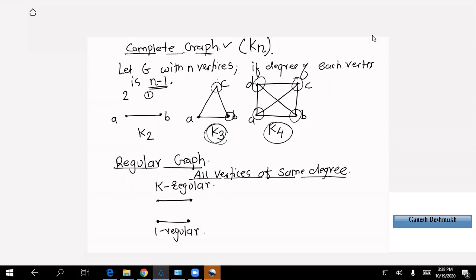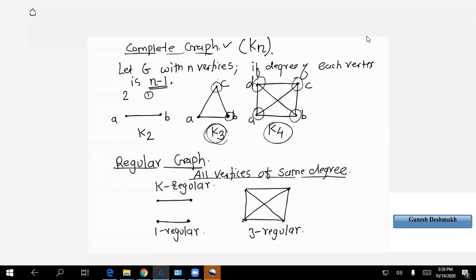Taking one more example. Suppose I draw a 3-regular graph. 3-regular means the degree of each vertex is 3. Your graph becomes like this. The degree of each vertex is 3, right?